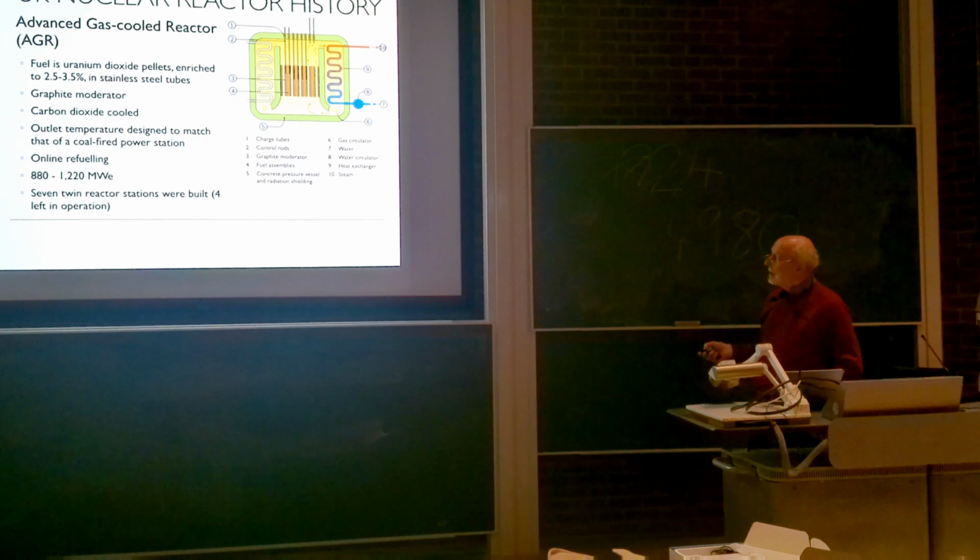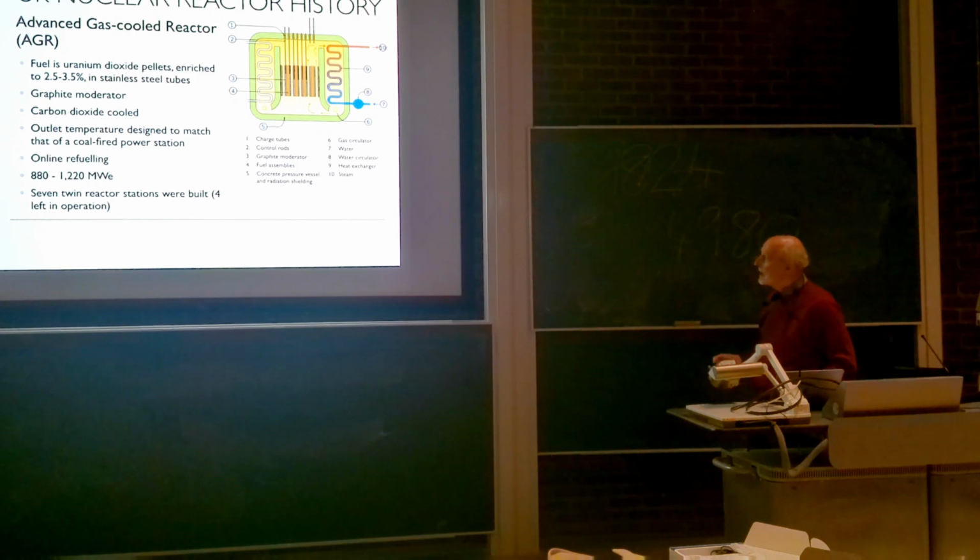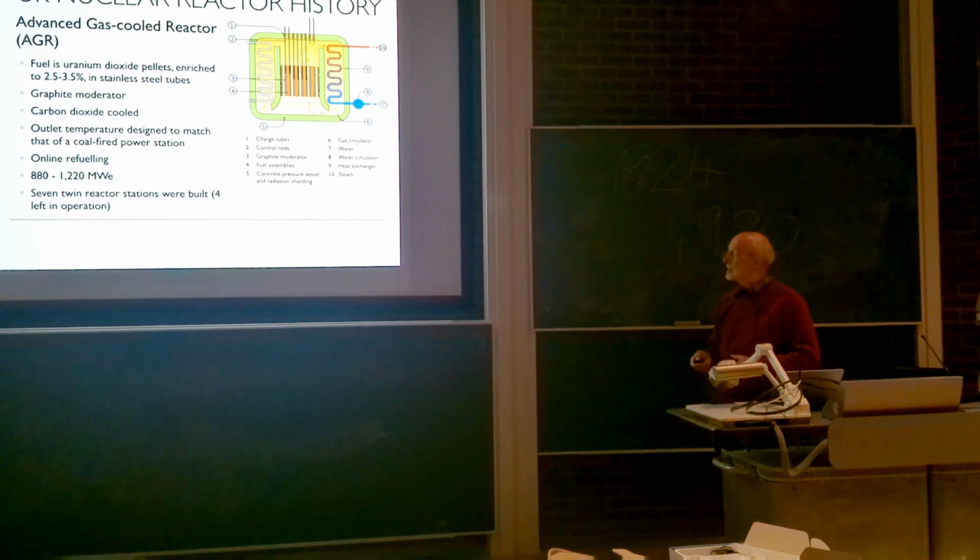Also, again, online refueling, so the reactor just could be continually refueled over its life cycle. And there was a range of power outputs from 880 to 1220 megawatts. 7 twin reactor stations were built, and as I said, I think there's only 4 left that are still producing electricity.